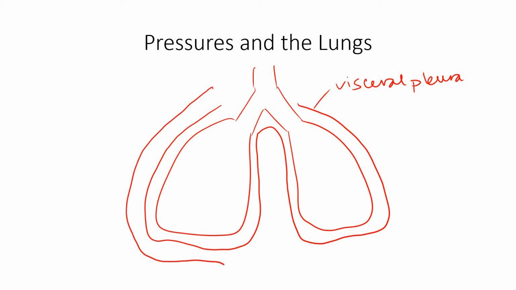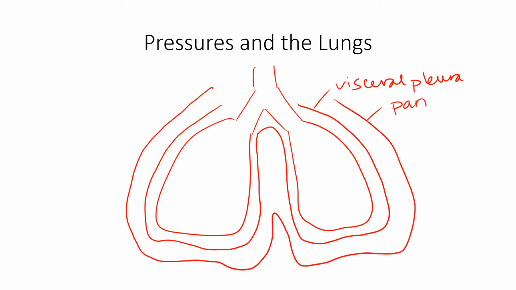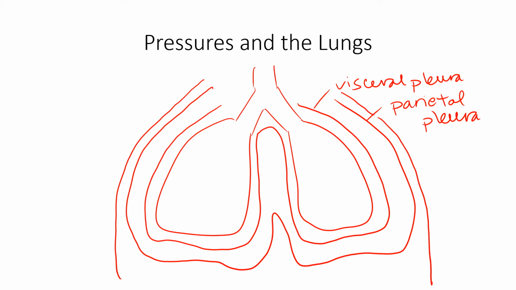Of course, it's the outer layer there. All right, and that's our parietal pleura. Now, really close to that parietal pleura, I'm going to draw the thoracic cavity wall. And down here at the very bottom, I'm going to place the diaphragm right up underneath that. So let's label that as diaphragm.